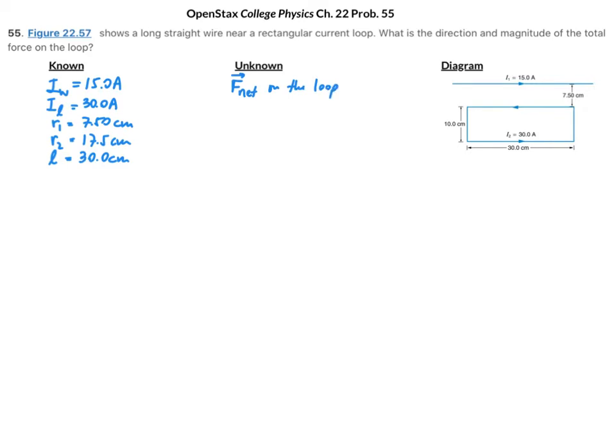All right, so why is there a force on the loop? Well, because it is in the proximity of this current, and we know that any current will create a magnetic field around it. So this loop of current is going to be in the magnetic field of wire 1. What is the direction of the magnetic field?